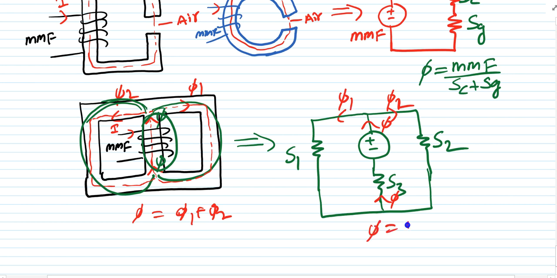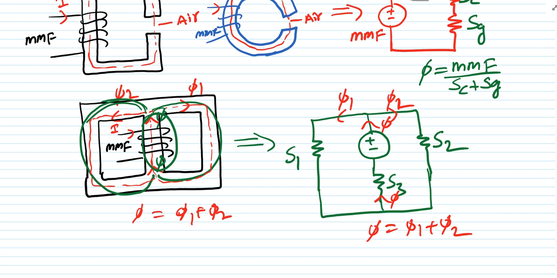So phi is equal to phi 1 plus phi 2. This is how you can convert your magnetic parallel circuit into a very simple equivalent circuit in terms of electrical terminology. Then by using the different relations we have, you can try to solve the networks.